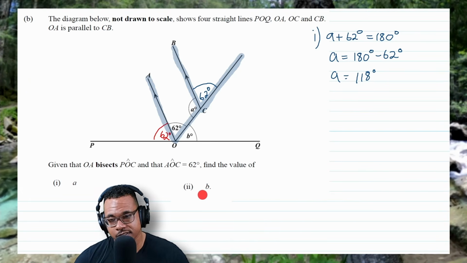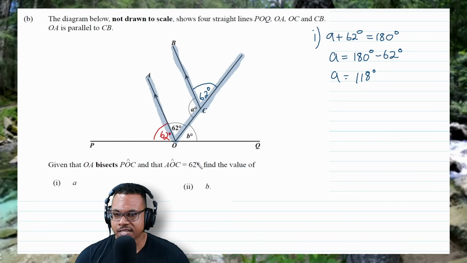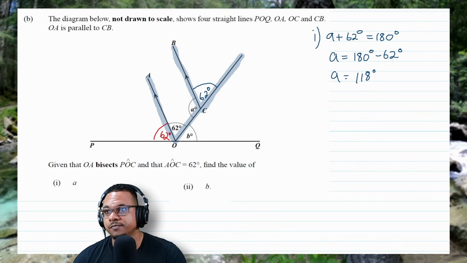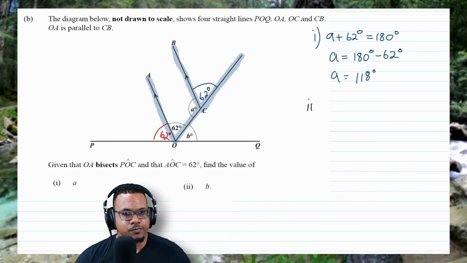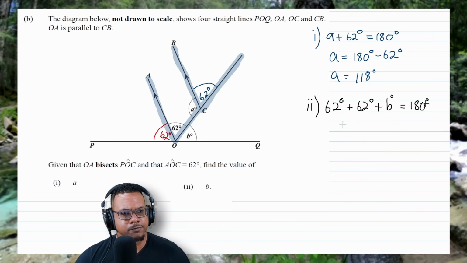Now for part 2 of this question, they want you to calculate the value of the angle B. Now we could see a straight line here. So the 62 plus this B would form a straight angle. So these three angles must add up to 180 degrees. So for part 2, I'm going to have 62 plus 62 plus angle B would be equal to 180 degrees.